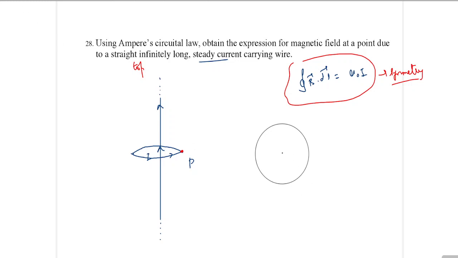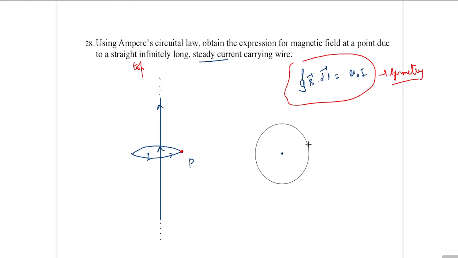This is the current carrying wire. This is the top view. So in that case, the distance from the current carrying wire to any point on the loop is the same. So the field at all points remains the same. So in this case, B remains constant. At every point on this loop, B remains the same.